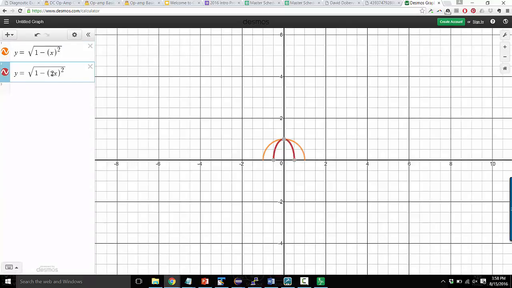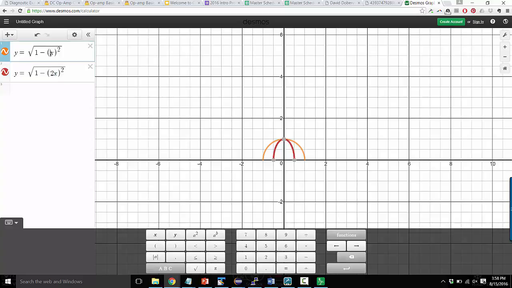What you want to think about is, remember, x used to be my input. Now, 2x is my input. So I'm thinking, what x value do I need to plug in so that 2x is going to be the same as my old x value? Because remember, my old x value of 1 is what gave me a y value of 0.